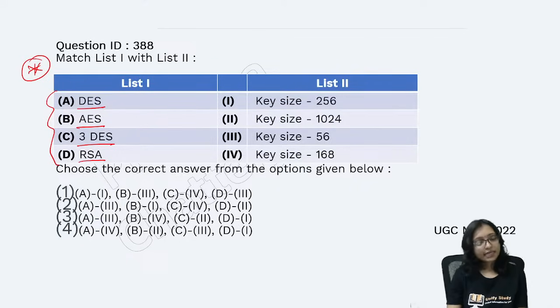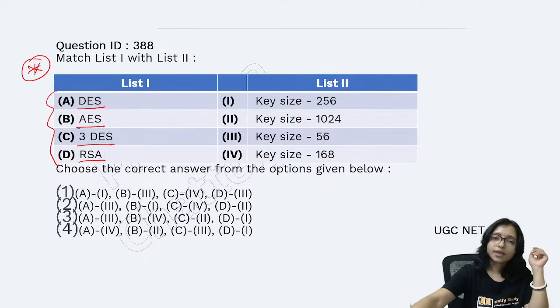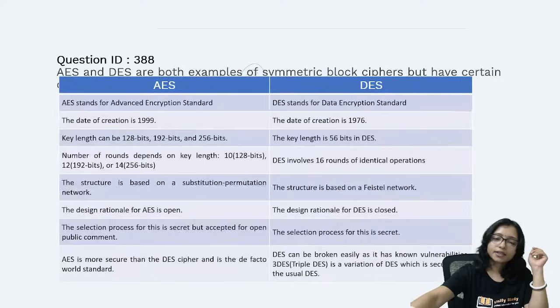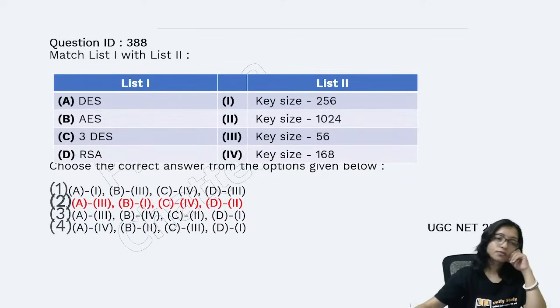What is the key size of each and every cryptography algorithm? These are different cryptography algorithms and you have to remember all of them.